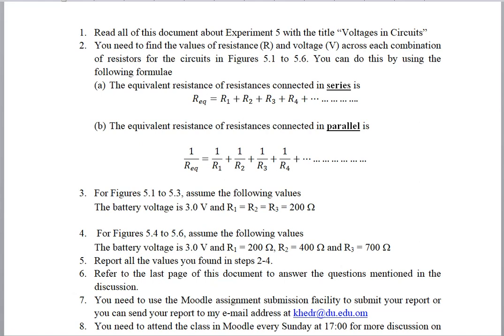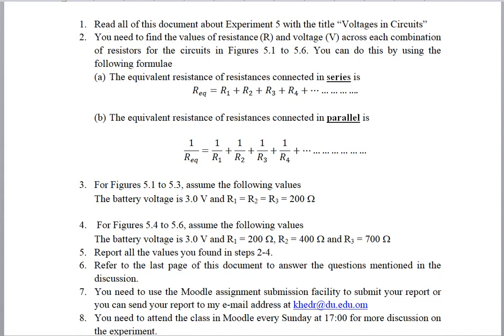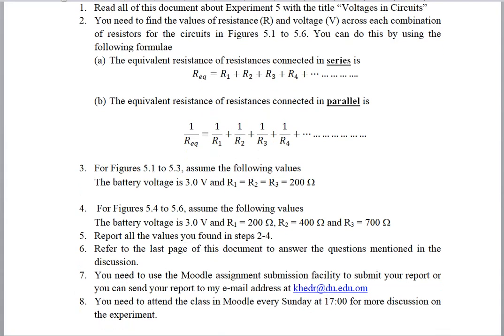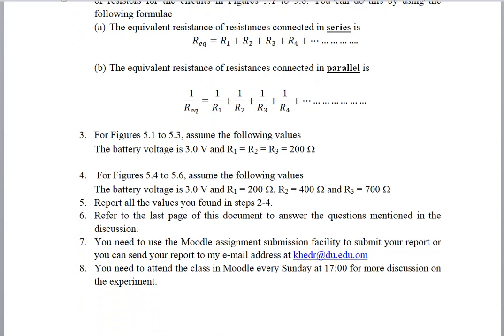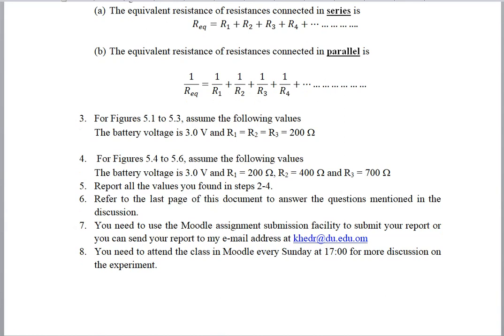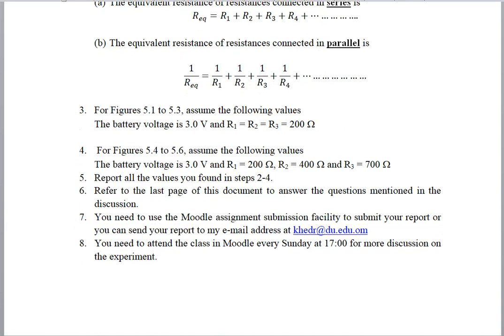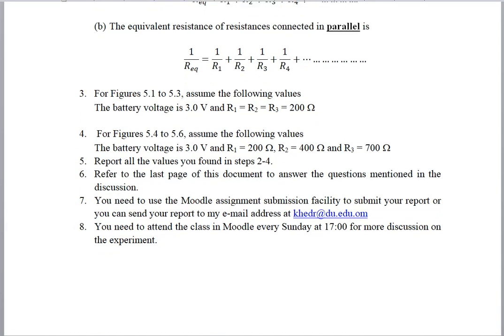After you finish doing the 6 figures, you need to write the report of your findings in step number 2, 3, and 4. You need to refer to the last page in this document, which is about discussion, and answer the questions in the discussion.